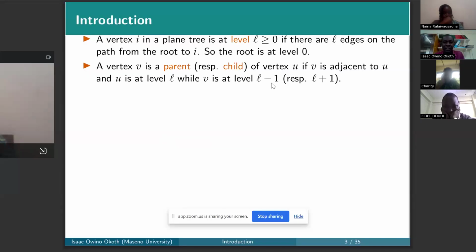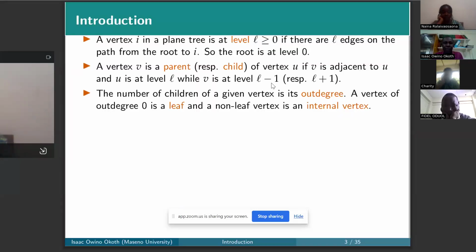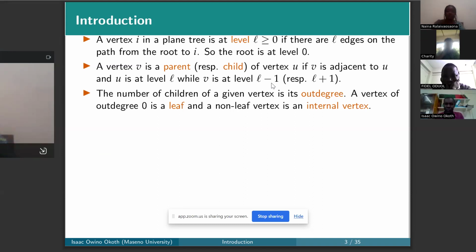A vertex v is said to be a parent of a vertex u if they are adjacent, but u is at a higher level, while u is a child if it is at a lower level. The number of children at a given vertex is its out degree, and therefore a vertex of out degree 0 is referred to as a leaf, and a non-leaf is referred to as an internal vertex.